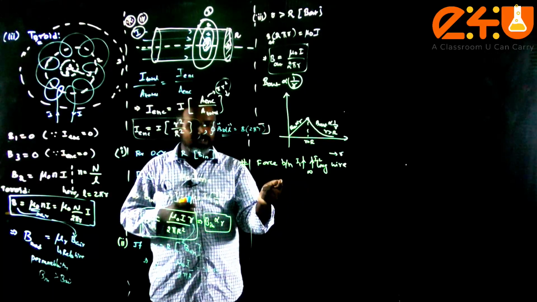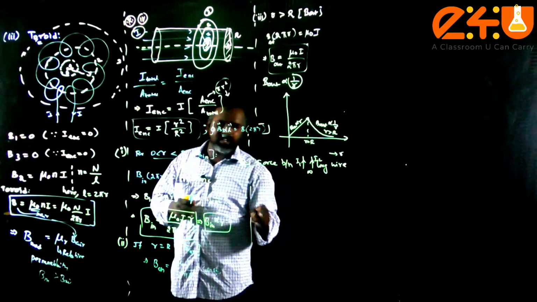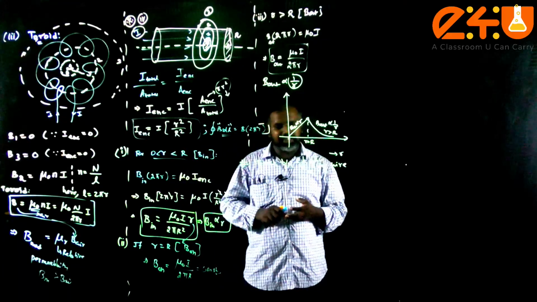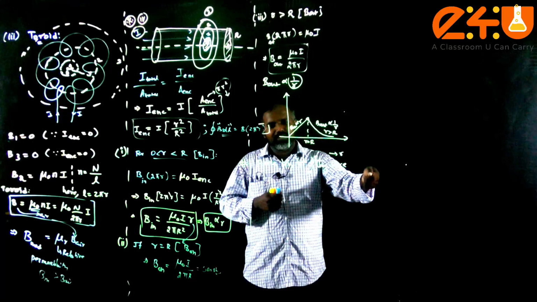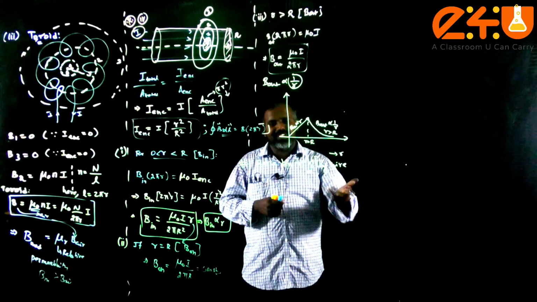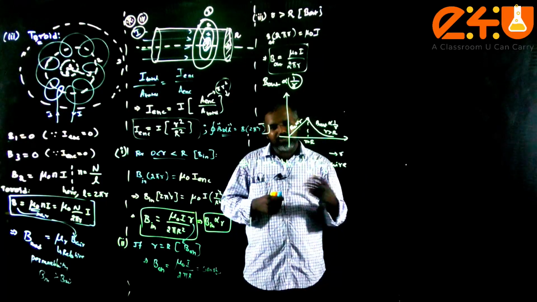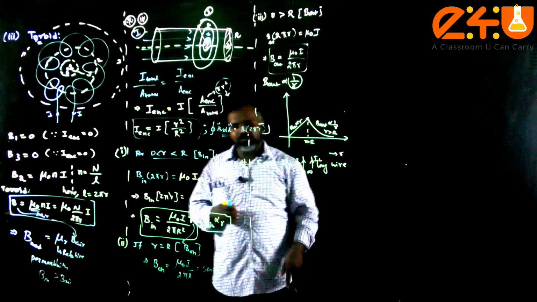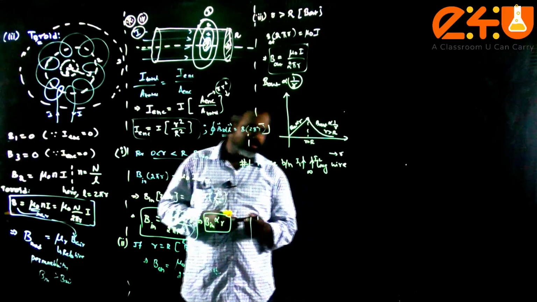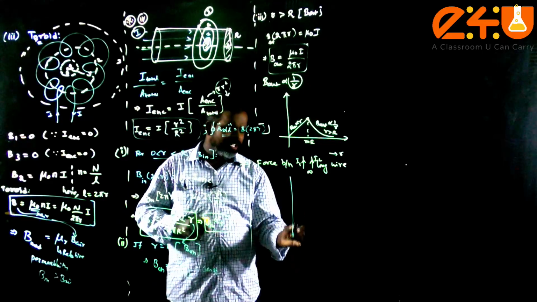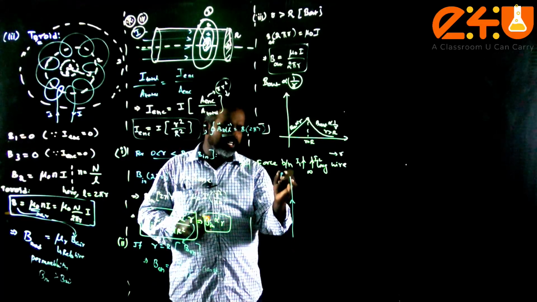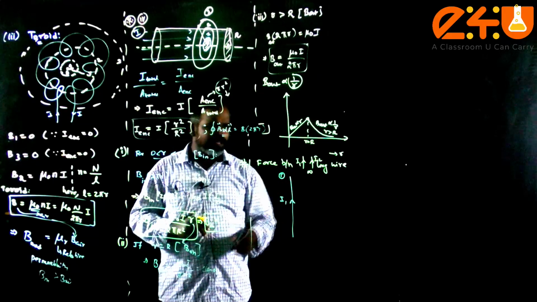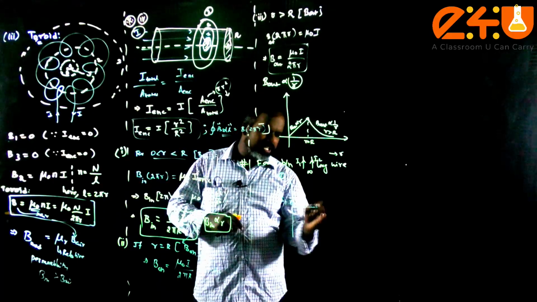One is the magnetic field due to an infinite long straight wire, and the second one, as we discussed in the previous session, is that whenever a current carrying conductor is placed in a magnetic field, it experiences a force due to the magnetic field, F is equal to BIL sin theta. So you have to remember these 2 concepts. Let us consider this is the wire, infinite long straight wire, carrying the current I1 at a distance d.